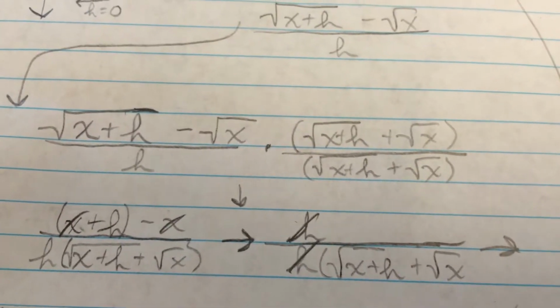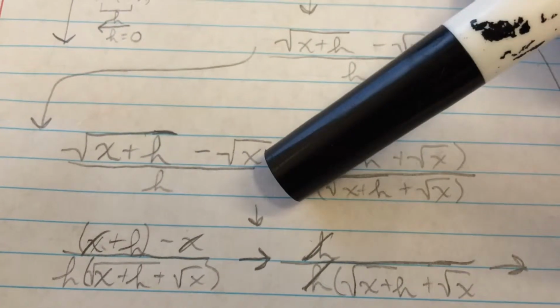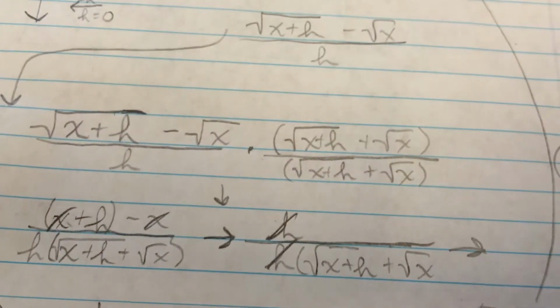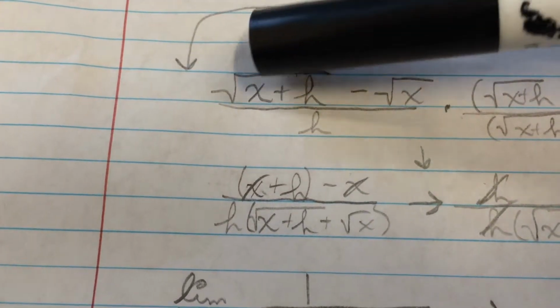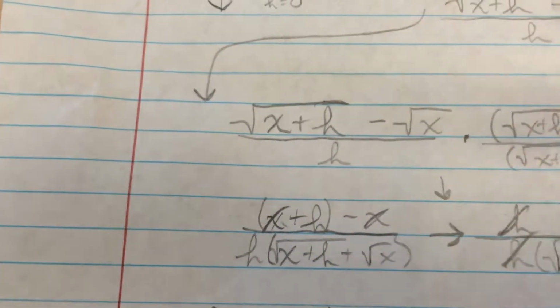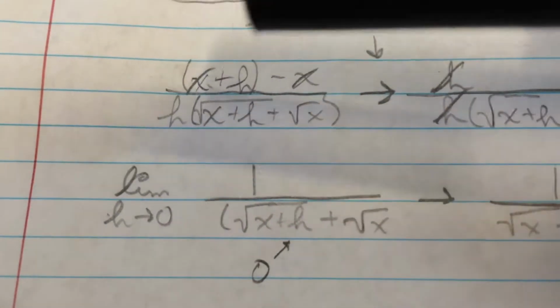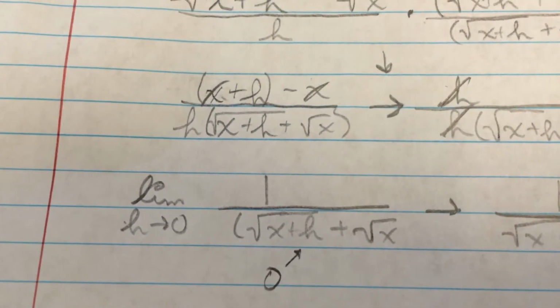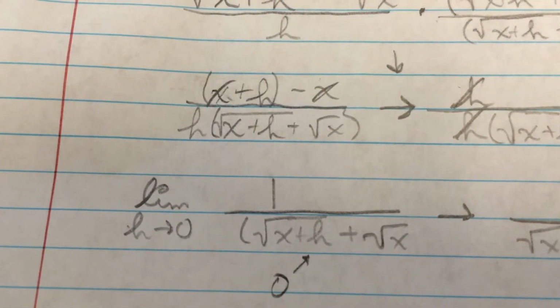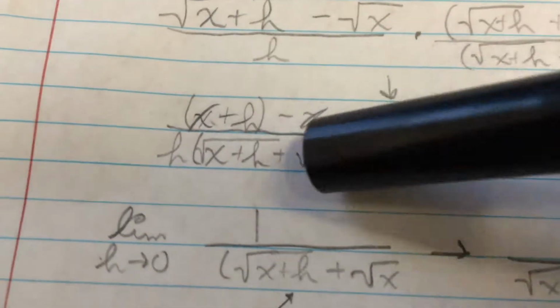Because a minus b times a plus b equals a squared minus b squared, when we do that, we get x plus h without the root, minus x without the root, over h times the root of x plus h plus the root of x.